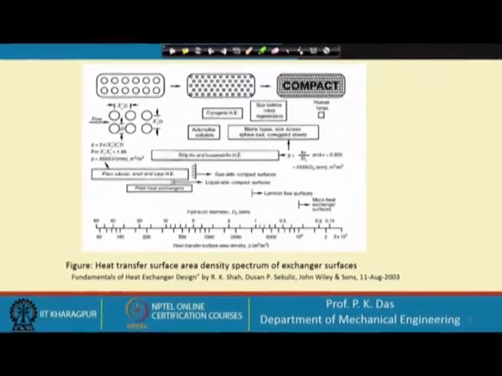Initially a heat exchanger is new and clean, but as time passes, we will have deposition on the wall of the heat transfer surface, which is called fouling, which is a very important aspect of heat exchangers. From time to time we will refer to fouling, and if time permits, we will also try to see how fouling occurs, how we can restrict fouling, etc. So, the compact heat exchanger should use fluids and be operated under operating conditions which do not promote fouling.